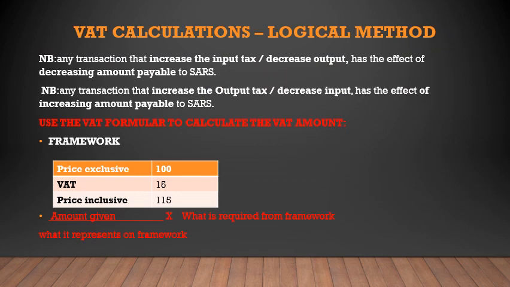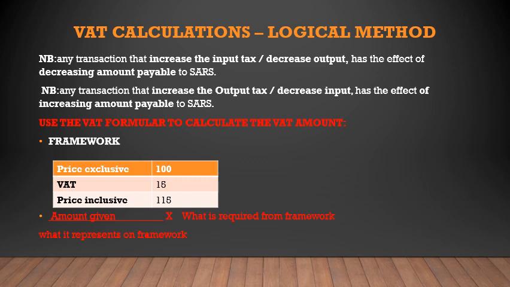Now, transactions will not give us the VAT. Some transactions will, but not all of them will give us the VAT amount that is required. You need to calculate. For you to calculate, you need to know the definition of price exclusive, price inclusive. Then we use the VAT formula to calculate the amount of VAT, because when we are talking of input or output, we are referring to only the VAT amount, not the selling price exclusive of VAT or the selling price inclusive of VAT.